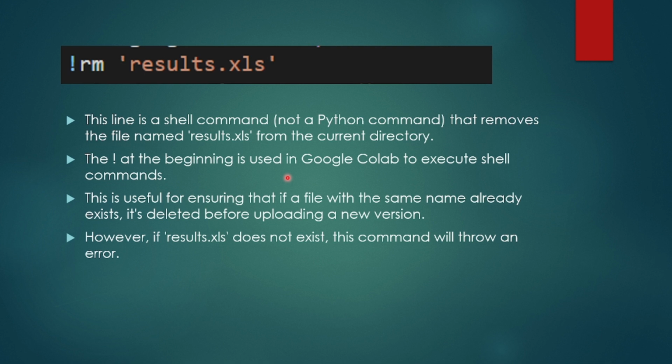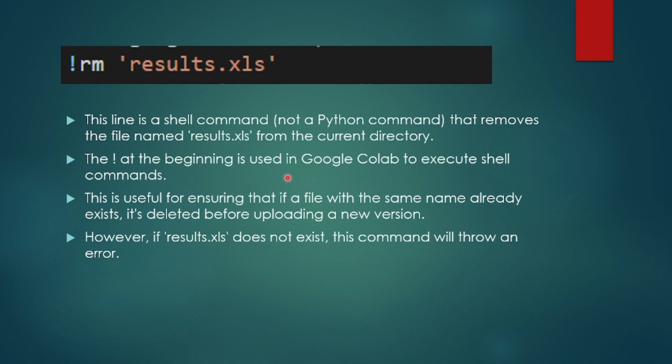For example, you add some data, remove some data, or change some data, and then you save it with the same name, and then you wish to upload the same file to the Google Colab environment. If you have two versions of the same file with the same name, it may confuse Python.